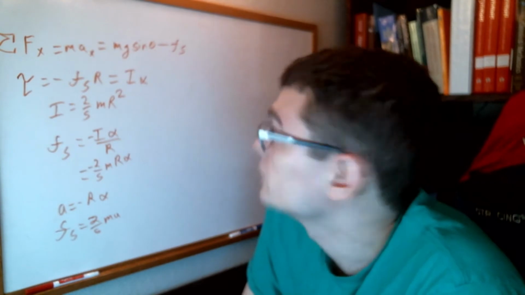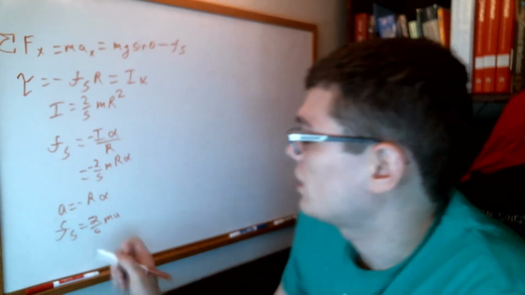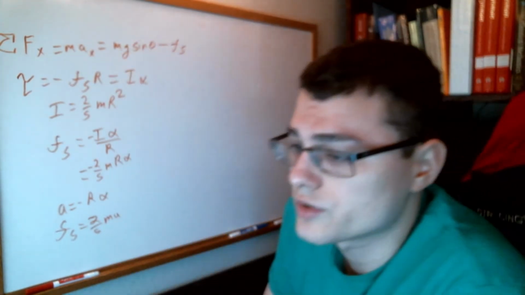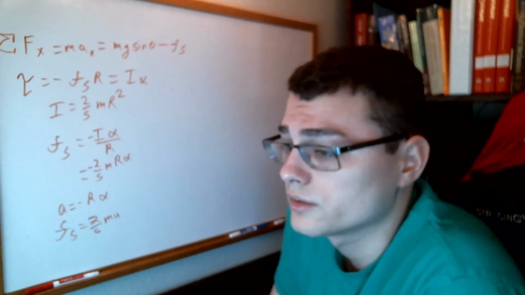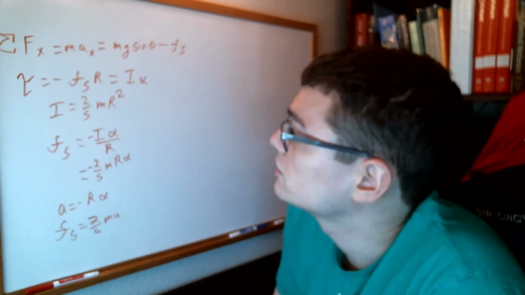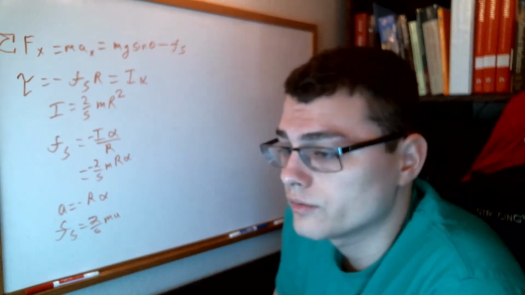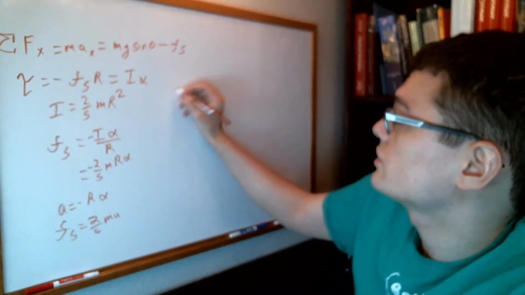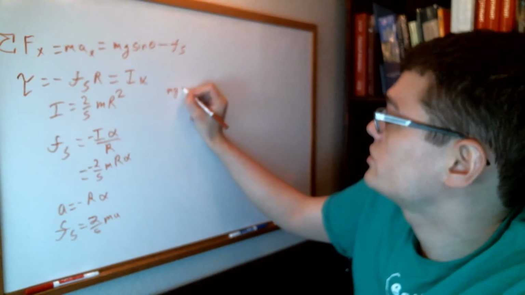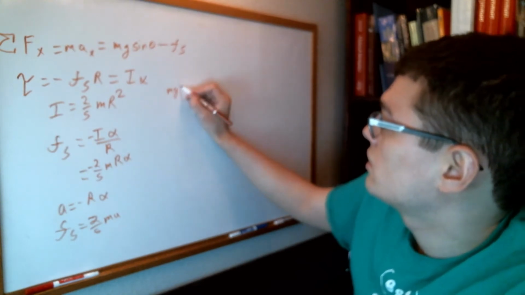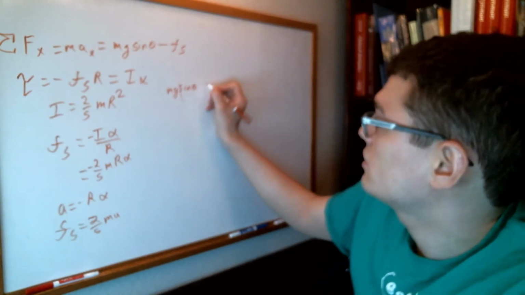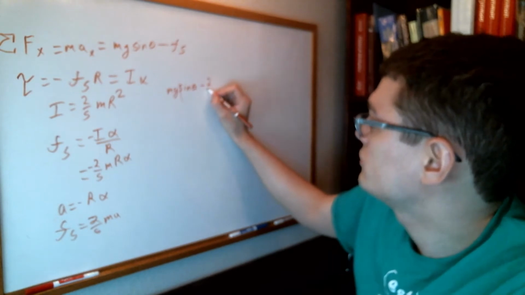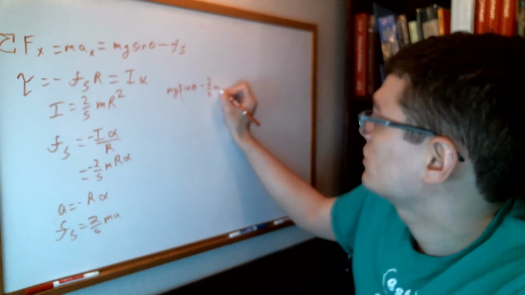And so what we can do now is plug in what Fs is, and solve for A here. Very quickly, let's just start plugging this in. mg sine theta minus 2/5 ma.